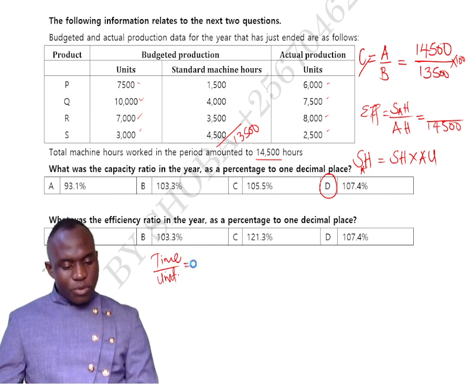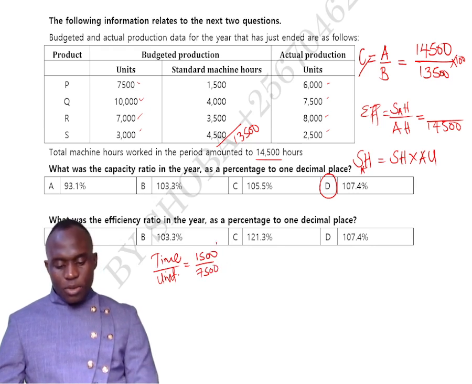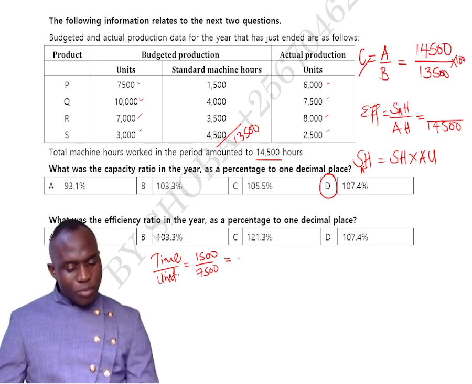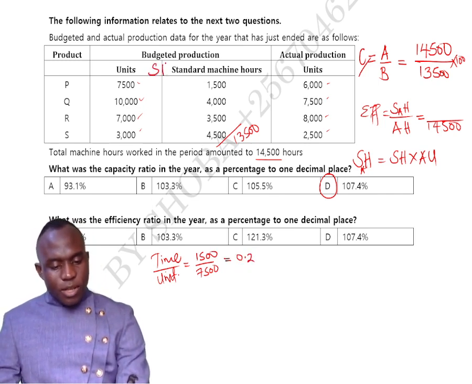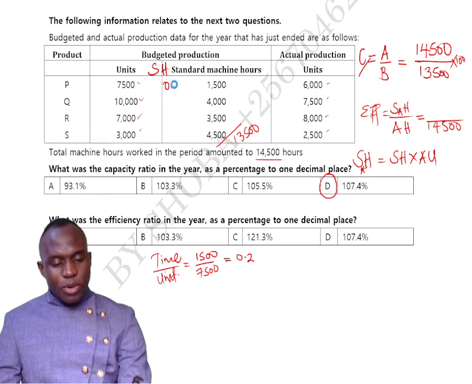So we are going to do 15 divided by 75. So when we divide that, we get the time per unit of producing product P. And if we work out this, we get 0.2 hours. So I'm putting here SH, standard time per unit, is 0.2.